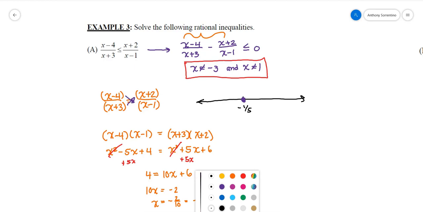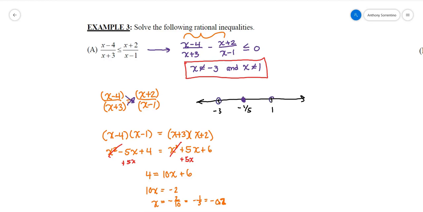So I'm going to put negative 3 and positive 1 on here, but they are going to be represented as open dots, because I can't equal these values. We know this. They're domain restrictions. But I can go from this expression being positive or negative by jumping around those points.